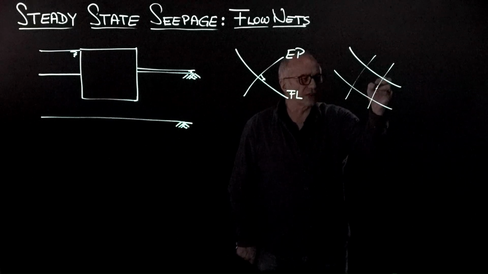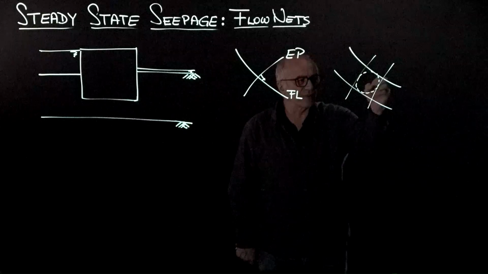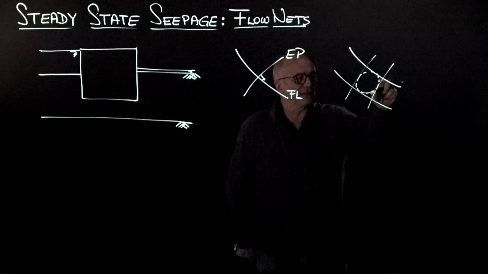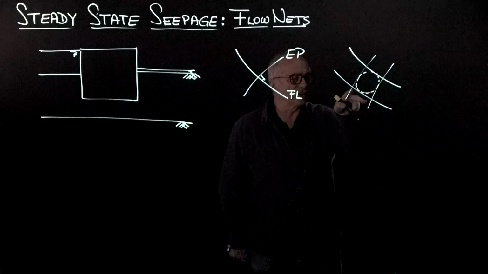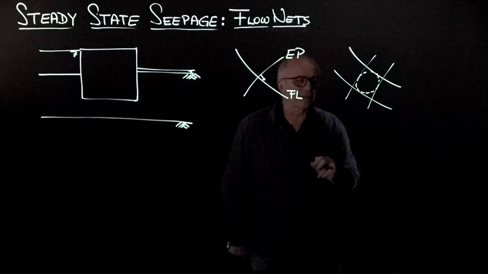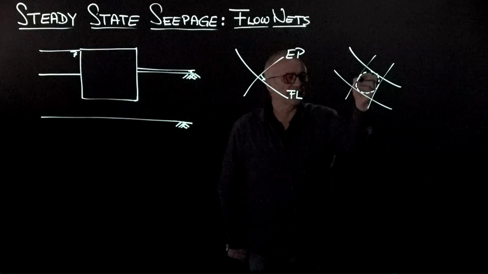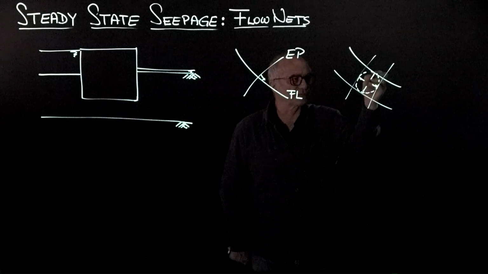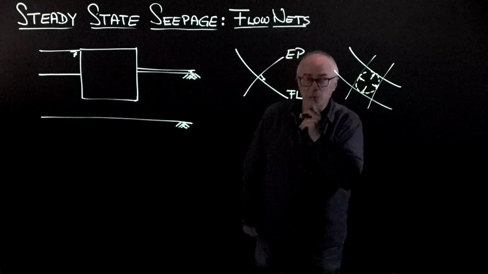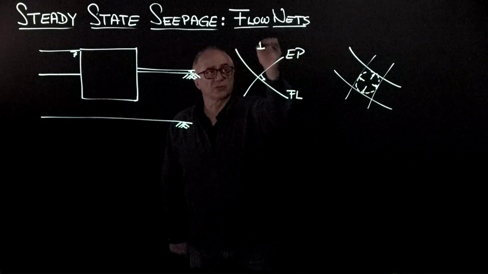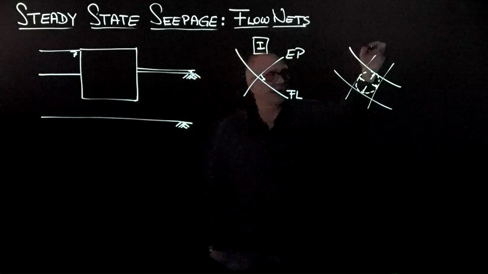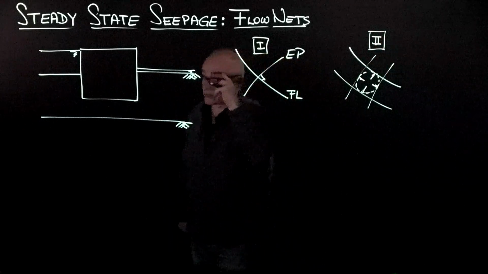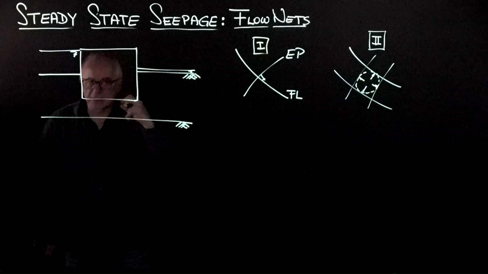In other words, I should be able to circumscribe a circle, and the distance across and along the flow line should be pretty much the same, at least in the center of the element. So with those two very simple rules, now we can proceed, and once we have discovered the boundary conditions, we can proceed to draw the flow net.